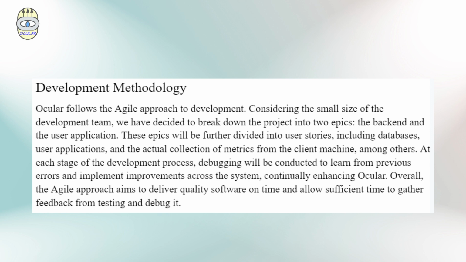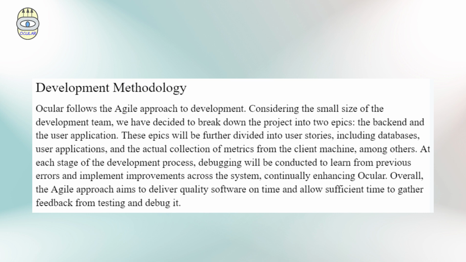Development methodology. Ocular adopts the agile development approach, breaking the project into two epics: backend and user application. These epics are subdivided into user stories covering aspects like database, user applications, and metrics collection from the client machine.